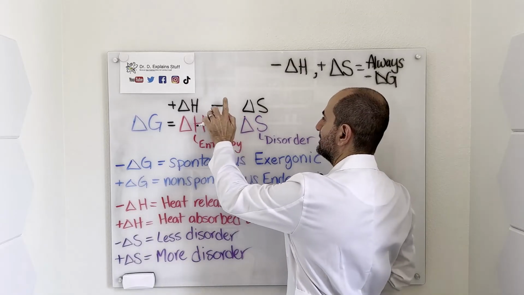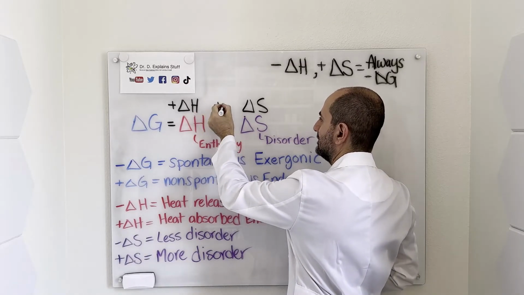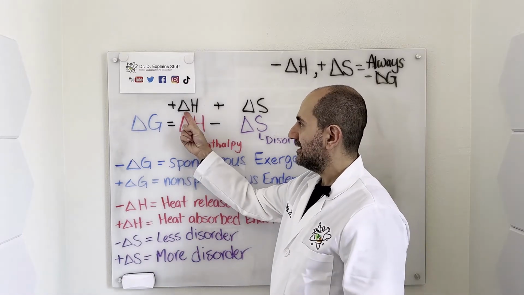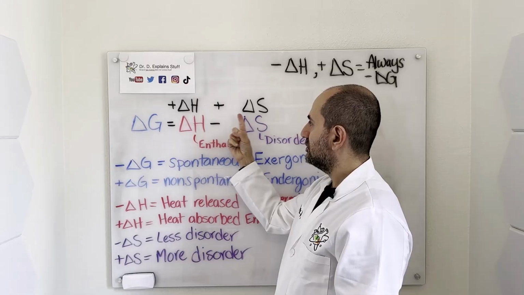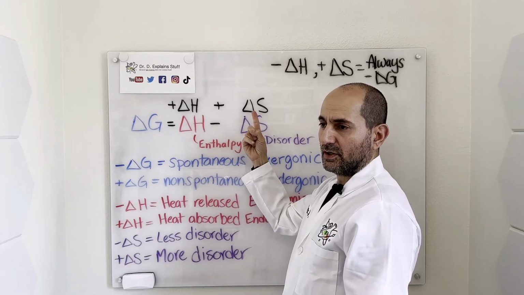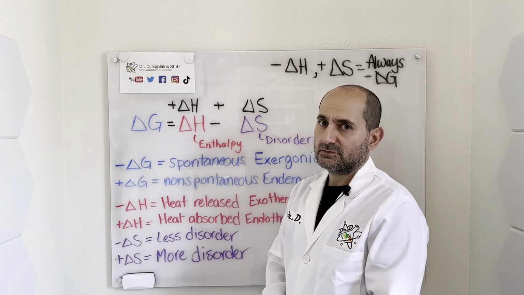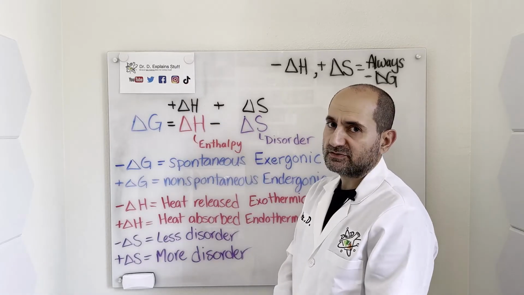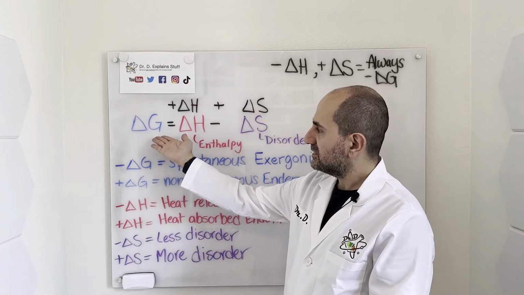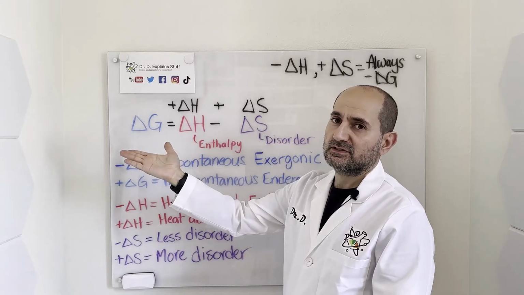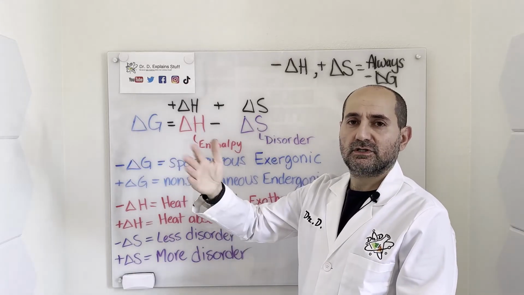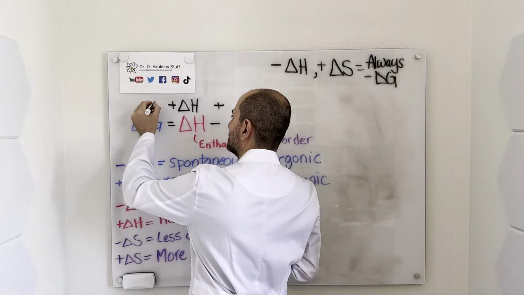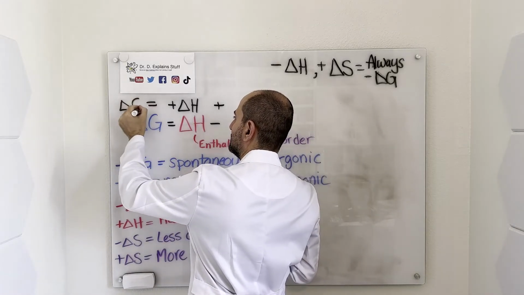When you're subtracting a negative, it's like adding. So in this case, isn't that the same as adding a positive value to a positive value? What does my delta G have to be if I add a positive number to another positive number? Can it be negative or positive? Positive, right? So my delta G must be positive.